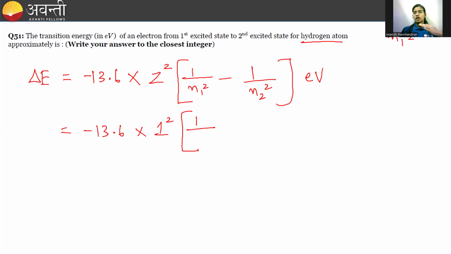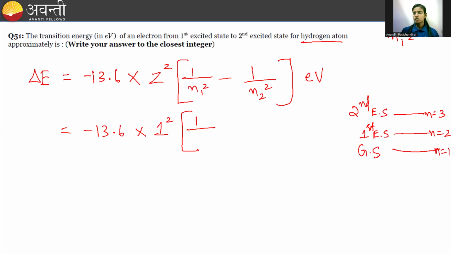Hydrogen is going from the first excited state to the second excited state. If this is the ground state for hydrogen, this is N is equal to 1, this is N is equal to 2, and this is N is equal to 3. So this is the ground state, this is the first excited state, and this is the second excited state.